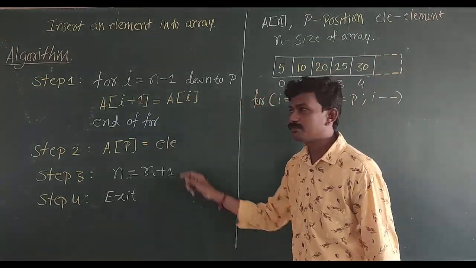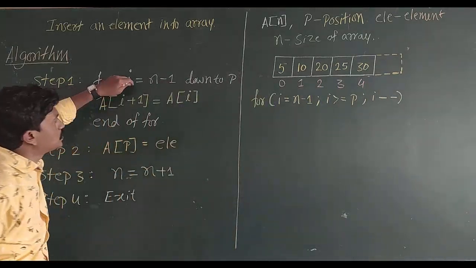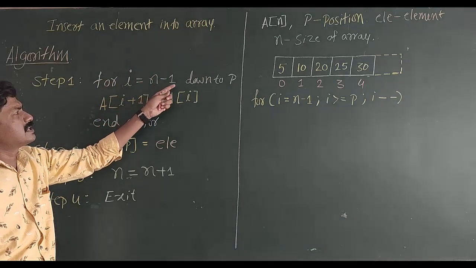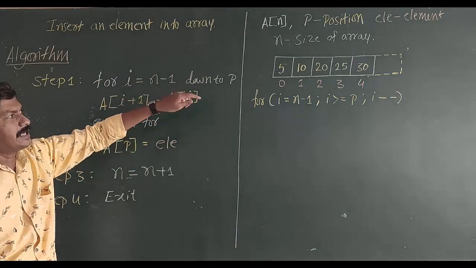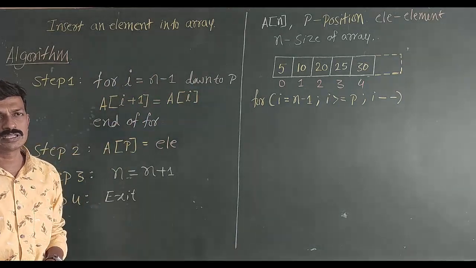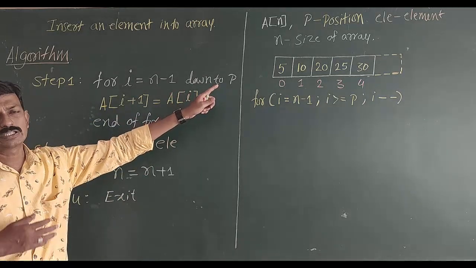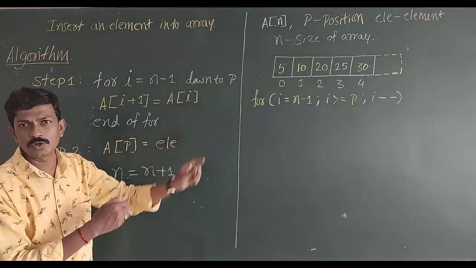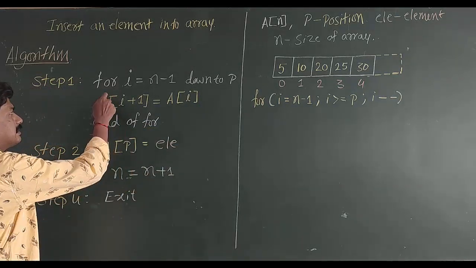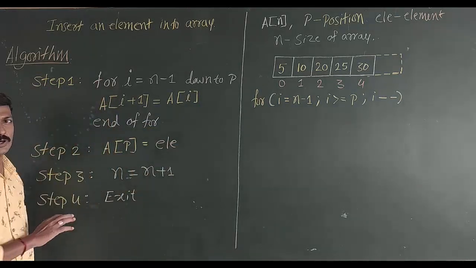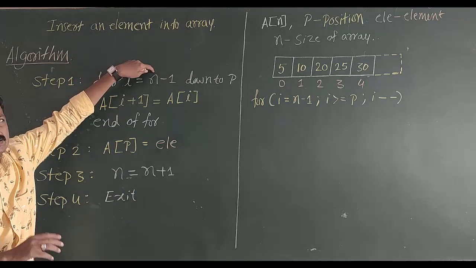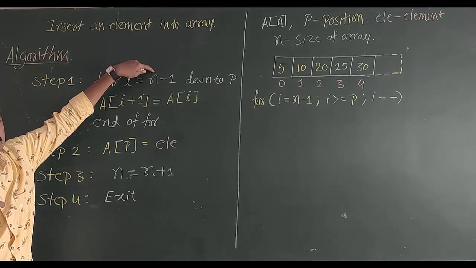In this algorithm, the first step is for I equal to n minus 1 down to p. This is nothing but identifying a particular position; up to that position, the elements which I have should be shifted to their next positions. Here n minus 1 is the highest index of the array.